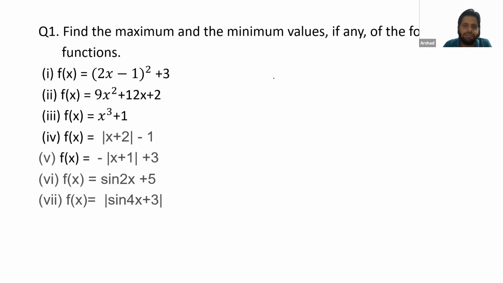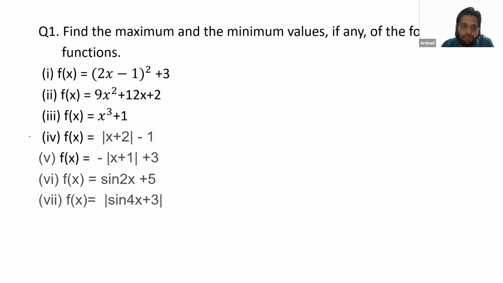There are some questions which were there in the starting of the chapter, to explain to you about the maximum and the minimum value. So we will try to solve some questions.